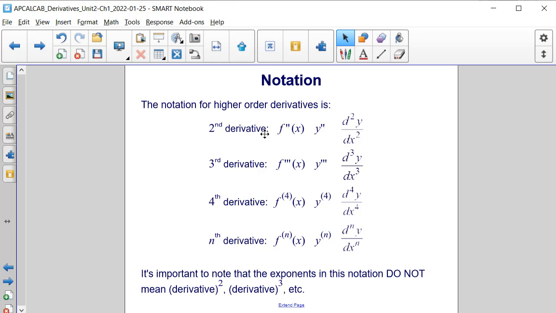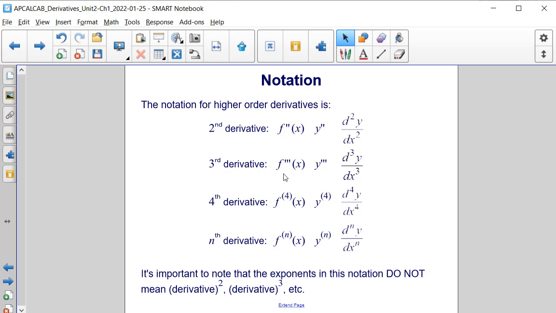We usually write the second derivative with 2 apostrophes, and it's read as f double prime of x. This one with y would be read as y double prime. You could also see something in this format, and it is read as the second derivative of y with respect to x.